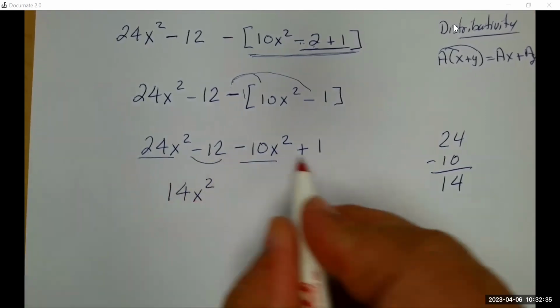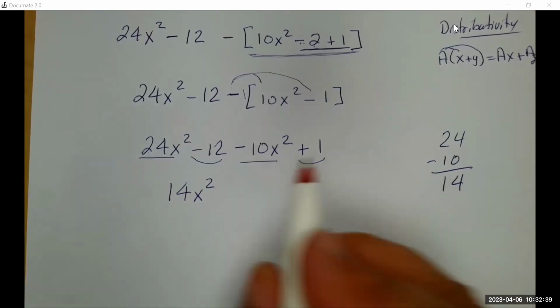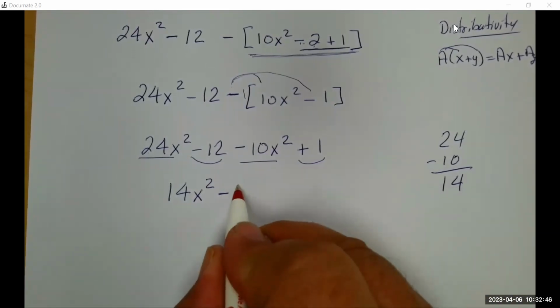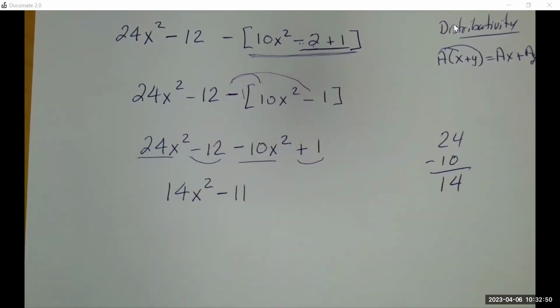And then we can do the constants. Is it going to be positive or negative? Negative. 12 minus 1. So the signs are different, take the sign of the larger and subtract the numbers. That's as far as you can go.